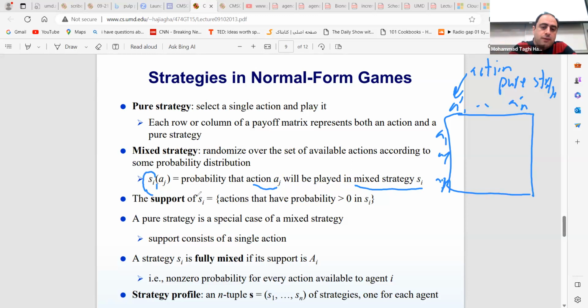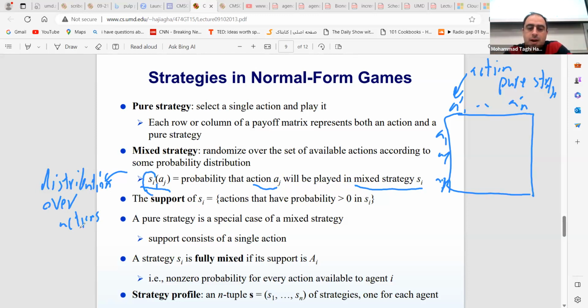So the support of Si, again, you can think about this one. Si actually is a distribution over actions. So in the mixed strategy, Si is a distribution over all possible actions.